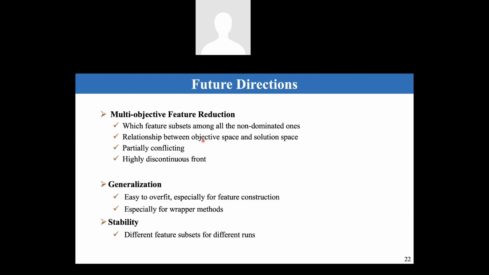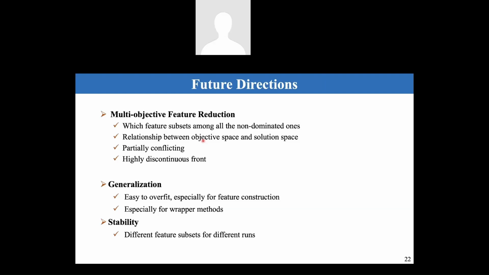We have done very initial work on using reference points to find the conflicting regions, but I believe there is going to be more space for a more sophisticated method to figure out where the conflicting regions are and focus more on them.